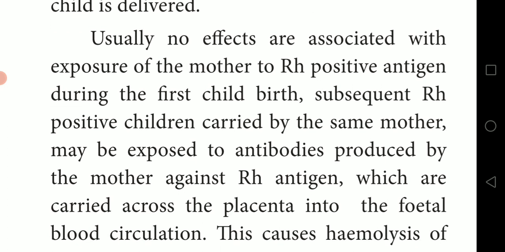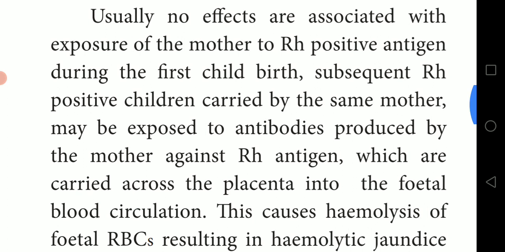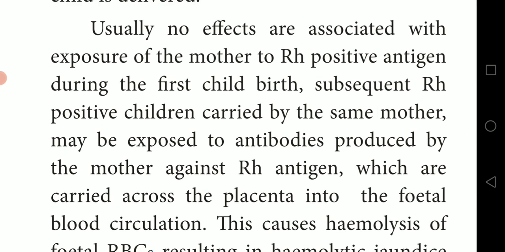Since the mother is Rh negative and the child's blood group is Rh positive, the mother becomes sensitized. The mother produces IgG type antibodies, and the two bloods are mixed. So at the first delivery, the first childbirth, there is no effect. Usually no effects are associated with the exposure of the mother to Rh positive antigen during the first childbirth.